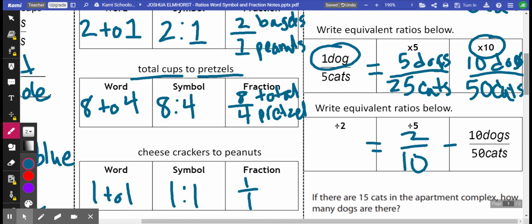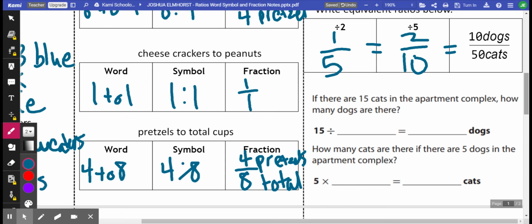And then 2 divided by 2 is 1, and 10 divided by 2 is 5. So we can write equivalent ratios by multiplying, but we can also write equivalent ratios by dividing.